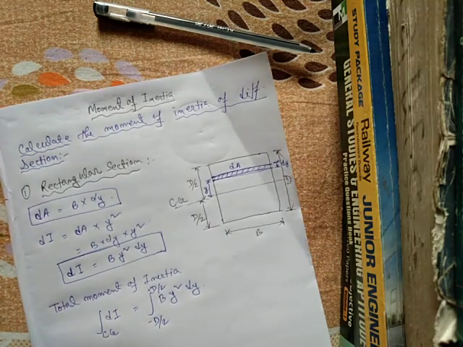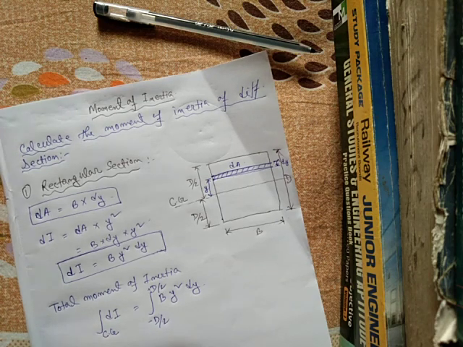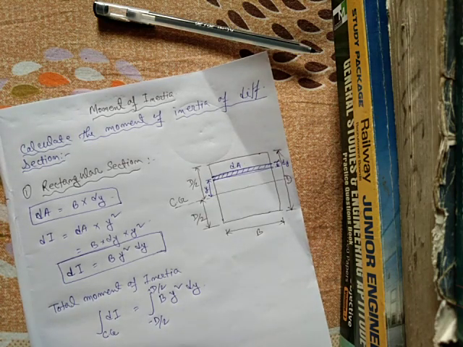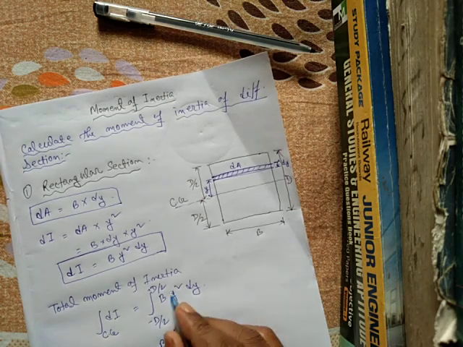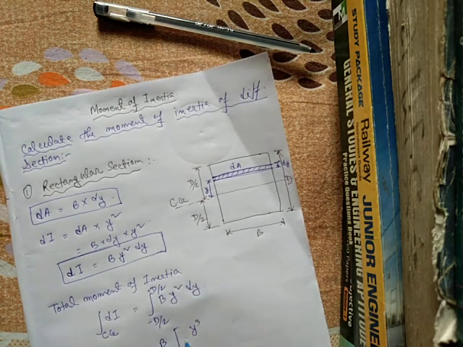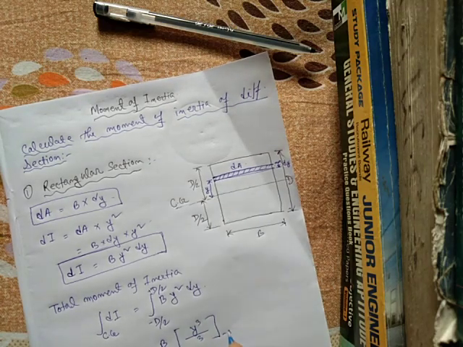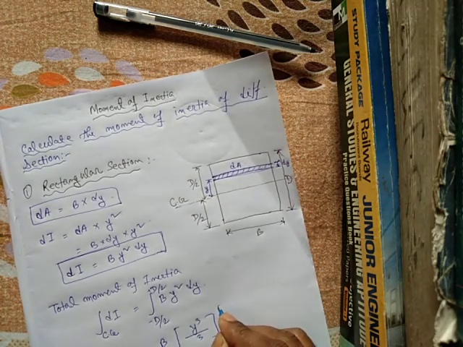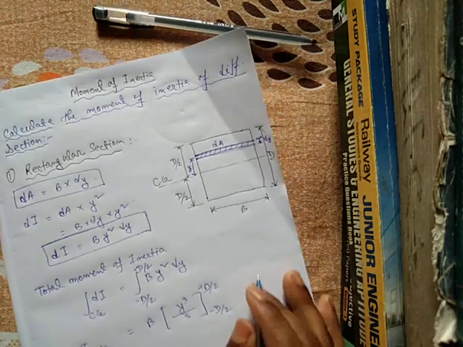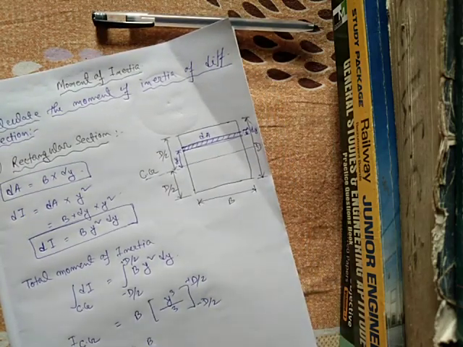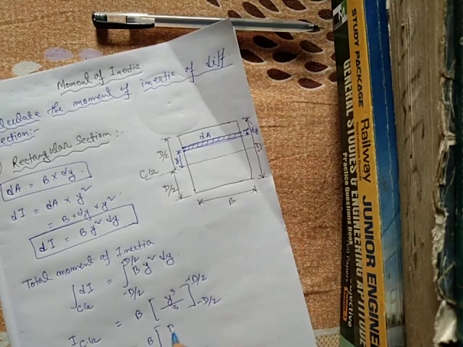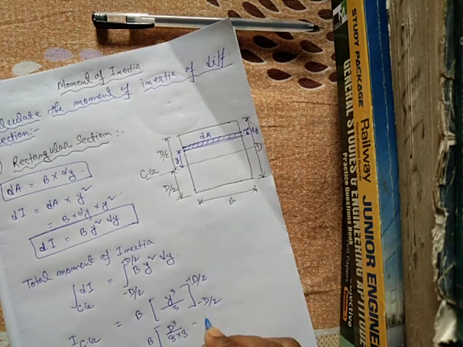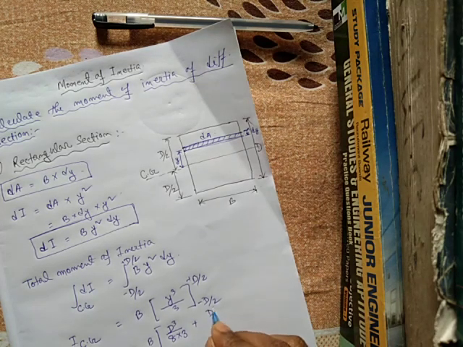The moment of inertia about CG equals, integrating with b common, the integration of y squared, which is y cubed divided by 3, from minus d by 2 to plus d by 2. Putting in the limits, b into d cubed divided by 8 into 3 plus d cubed divided by 8 into 3.